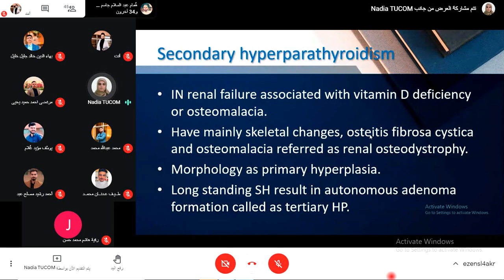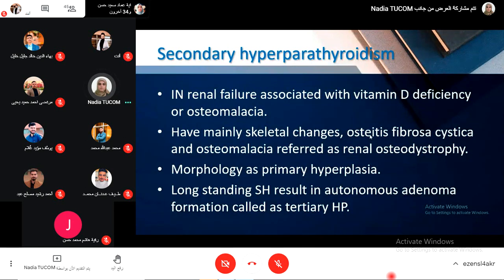Any other question, guys? Vitamin D is also lowered in the secondary type, because the kidney also has a role in conversion of vitamin D to its active form. So: low calcium, increased phosphate, and low vitamin D. Okay.